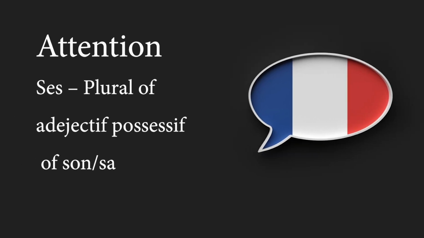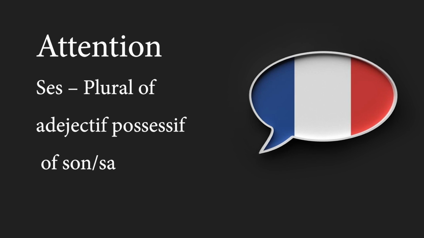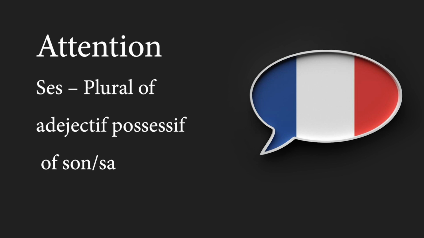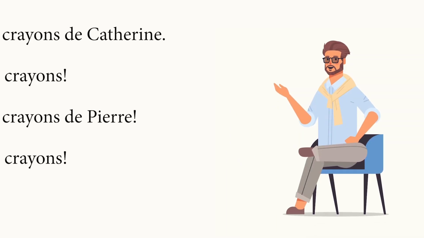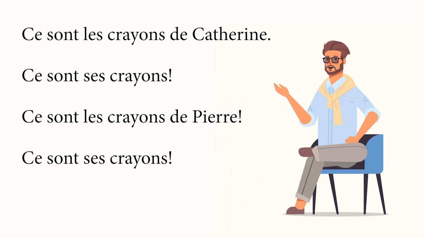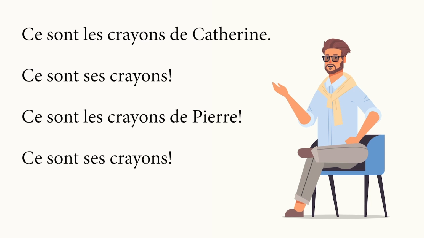So this ces refers to these, like in the previous example, ces crayons. Ces crayons means these pencils. And ses is the plural of the possessive adjective son and sa. If you go to the previous example once again, you will see ce sont les crayons de Catherine.